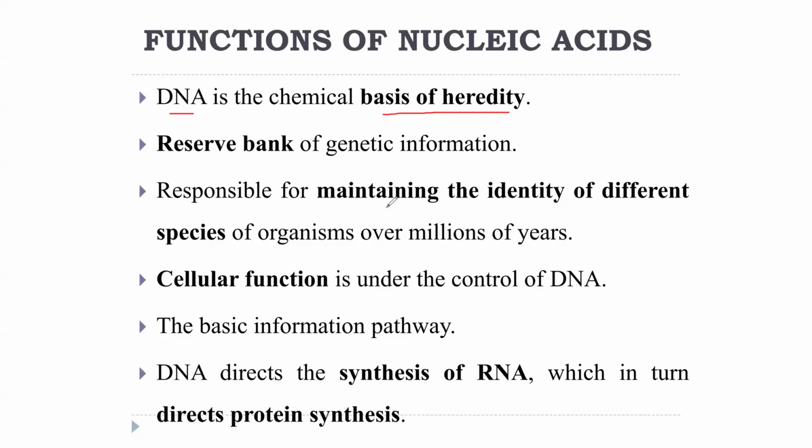Since that time, we still have prokaryotic bacteria, and they are all the same. The prokaryotic bacteria we have now and that of 3.9 billion years ago are the same. And that identity of the bacteria is maintained as a result of this nucleic acid.